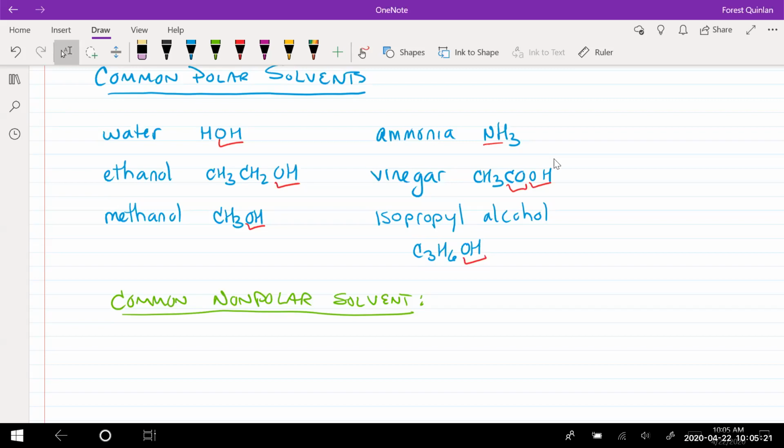Remember, it's by total amount. They do it by volume because it's easier for them to think of it that way when they manufacture it. But at the atomic level, by mass, there's actually more water in there than isopropyl alcohol because of its density.